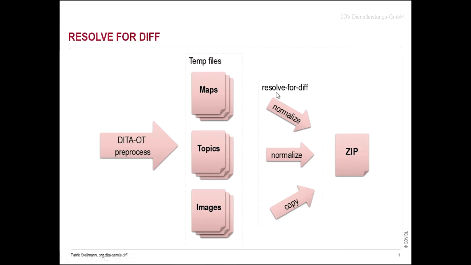What my resolve for diff does is perform some normalization on the maps and topics and put them all into a single zip file. It's just for convenience, because later, when I want to create a diff of my new version against an older version, I only need to provide my old version as a single zip file. So I don't need to check out any earlier version from my repository. I can just handle it as a single file.